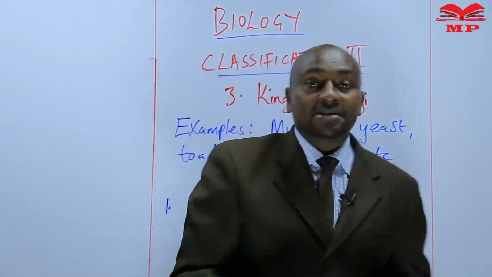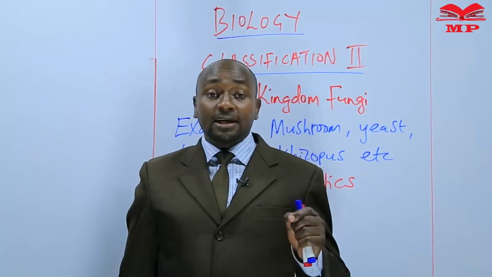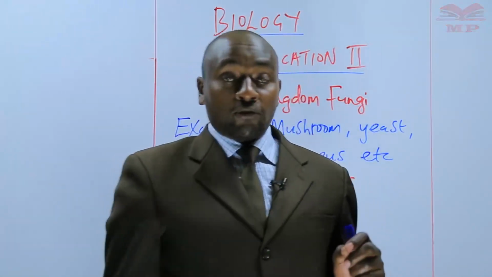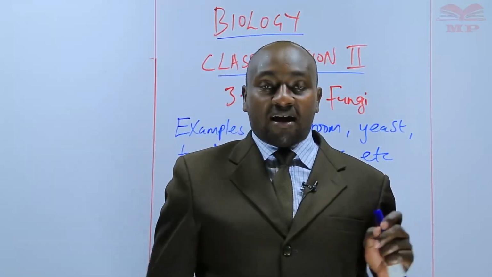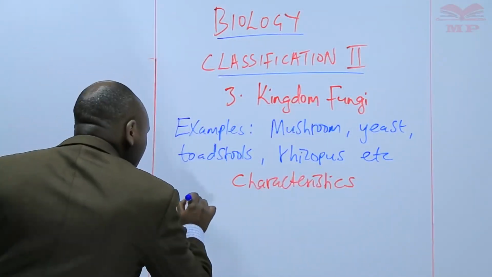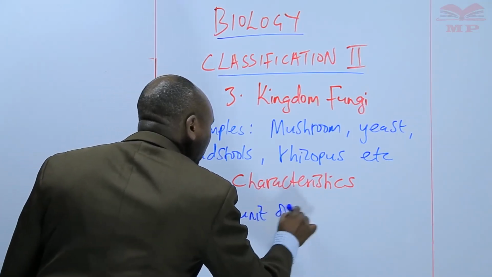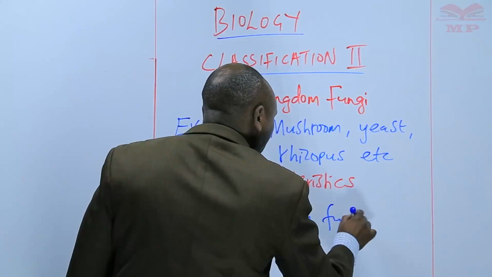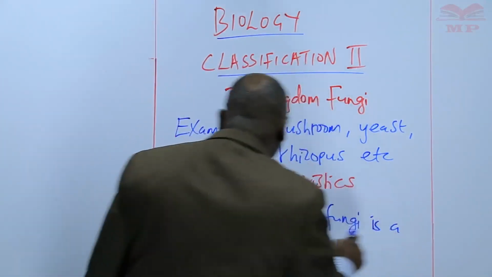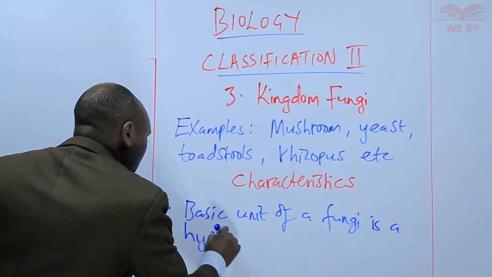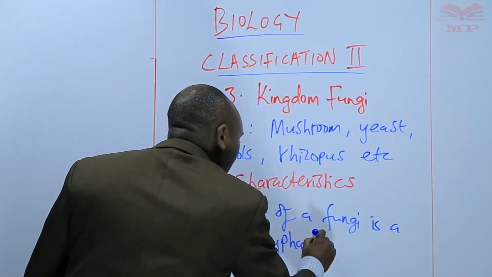One of the characteristics of kingdom fungi is that fungi are made of a basic unit that is known as a hypha. The basic unit, or the smallest unit, of a fungus is a hypha. In brackets, hyphae in plural.